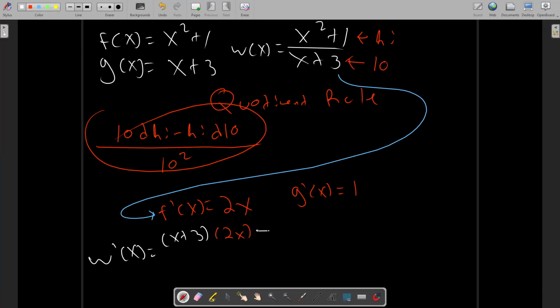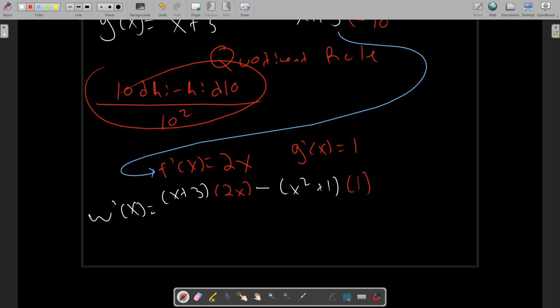Minus high, which is our x squared plus 1, times the derivative of our low, which we found is 1. And then this is going to be over low squared. And keep in mind that low is g of x. So we just have x plus 3 squared.